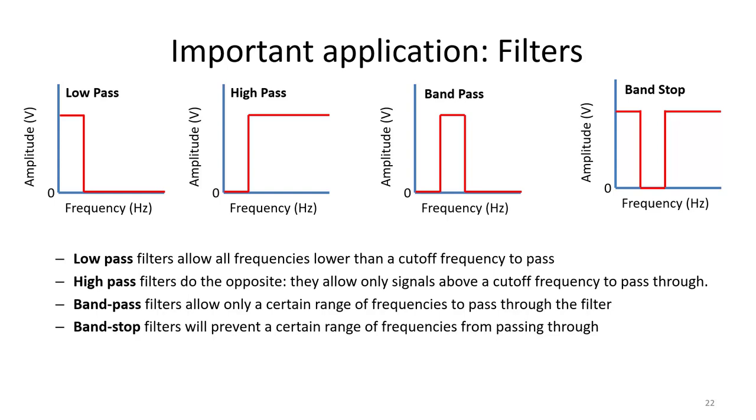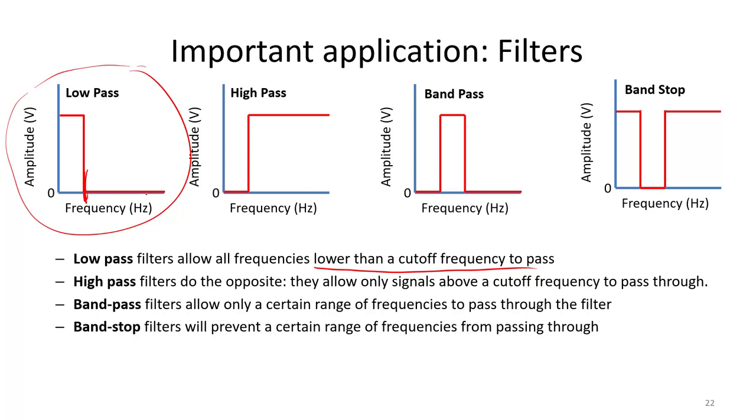You'll remember that a low-pass filter is a filter that allows all frequencies below some cutoff frequency to pass through. So anything lower than some cutoff frequency is able to pass. But once we hit that cutoff frequency, then anything above that cutoff frequency will be suppressed. Next, we have high-pass filters, which do the opposite.